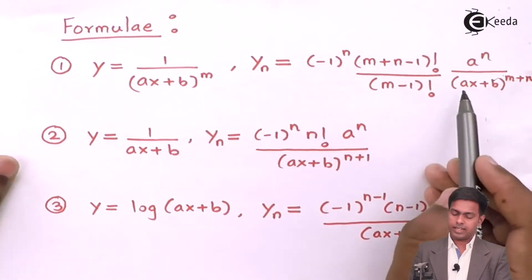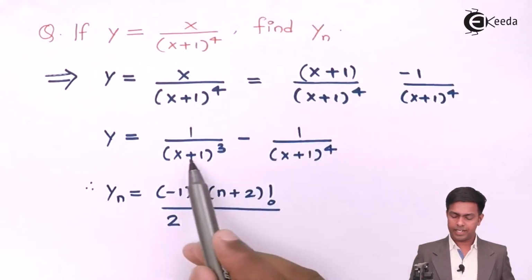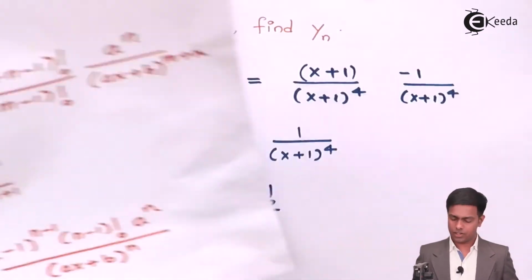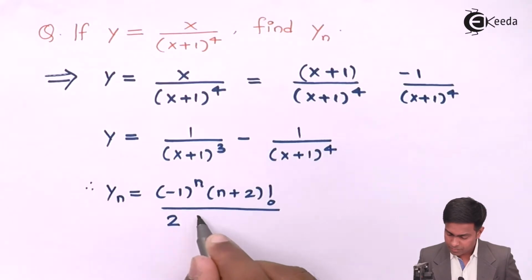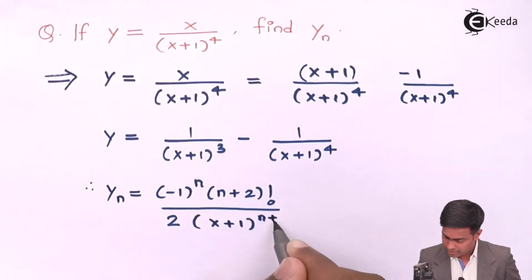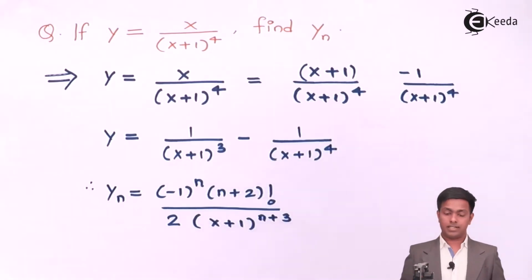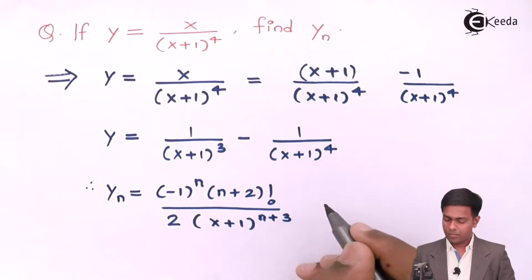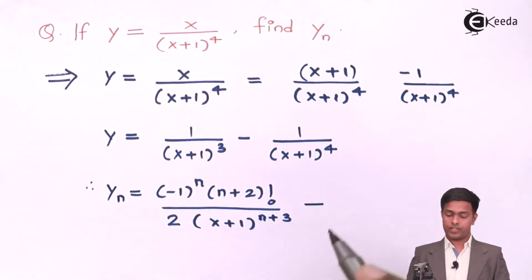Next, this is ax plus b, which is my x plus 1, raised to m plus n. M is 3, so n plus 3. So here I'll say it is x plus 1 raised to n plus 3. Now this is the value of the nth derivative of this function. Then minus, let's find the nth derivative of the second function.